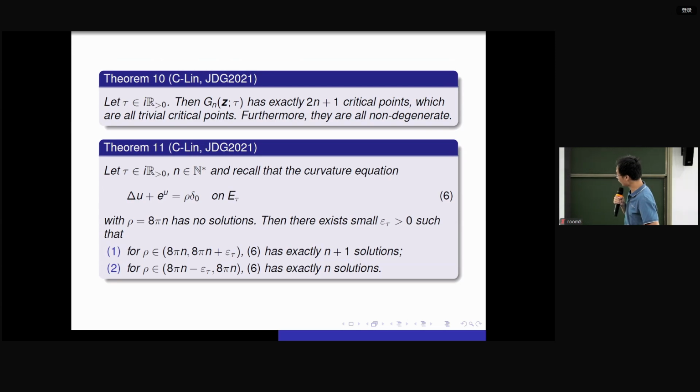And for rho smaller than 8 pi times n, also a small perturbation, then this equation has exactly n solutions. So we can apply the non-degeneracy and the number of critical points of Green functions to give the exact number of solutions of this equation when rho is a small perturbation of this critical parameter.